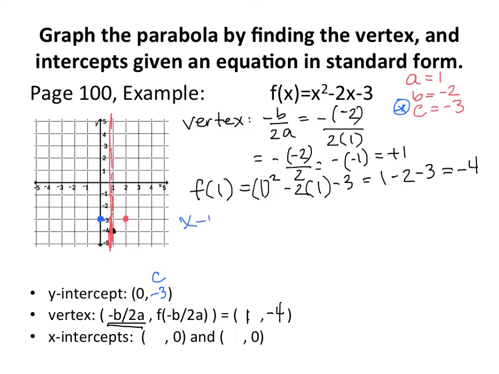Alright, and our x-intercepts are defined as -b over 2a plus or minus the square root of b squared minus 4ac all over 2a.